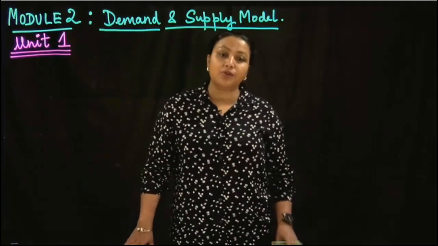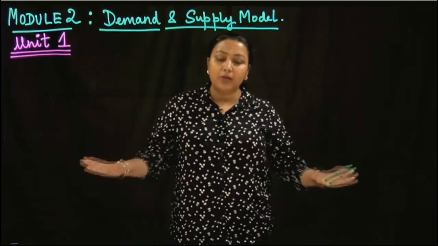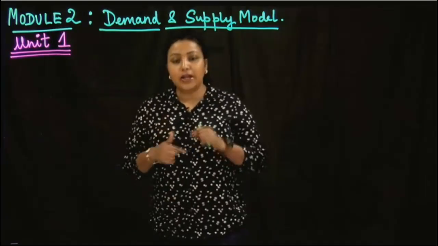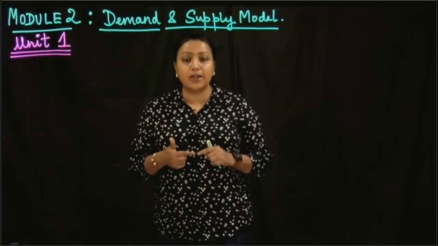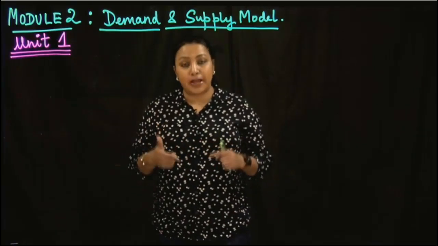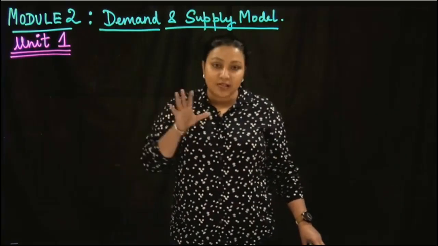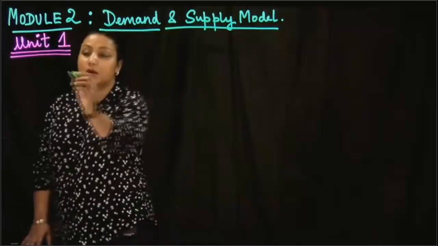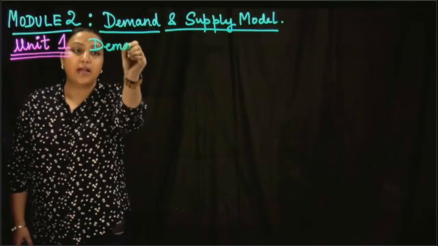When we look at things from the seller's perspective, it is called the supply model, and then when we bring the two sides together we are able to see how the interaction of these buyers and sellers influences the market, and how the changes in their decision might affect the price and the quantity bought and sold in a market. So that is exactly what we are going to see in this unit. We will start by talking about the demand side.